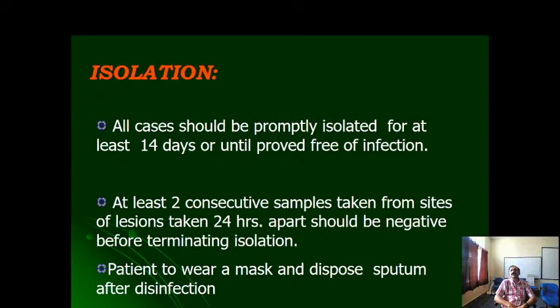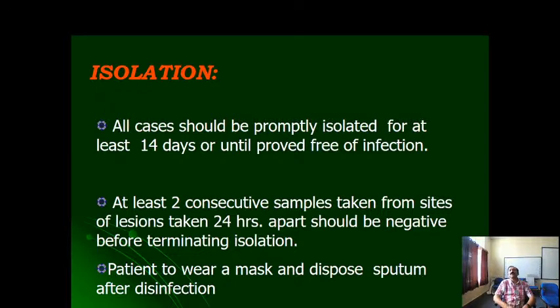Now, where do we do the isolation? All cases should be promptly isolated for at least 14 days or until proved free of infection. At least 2 consecutive samples from the sites of lesions, taken 24 hours apart, should be tested before the patient is sent out of isolation, because otherwise you will have patients whose symptoms have gone but who may remain carriers and go and transmit the disease in the community.